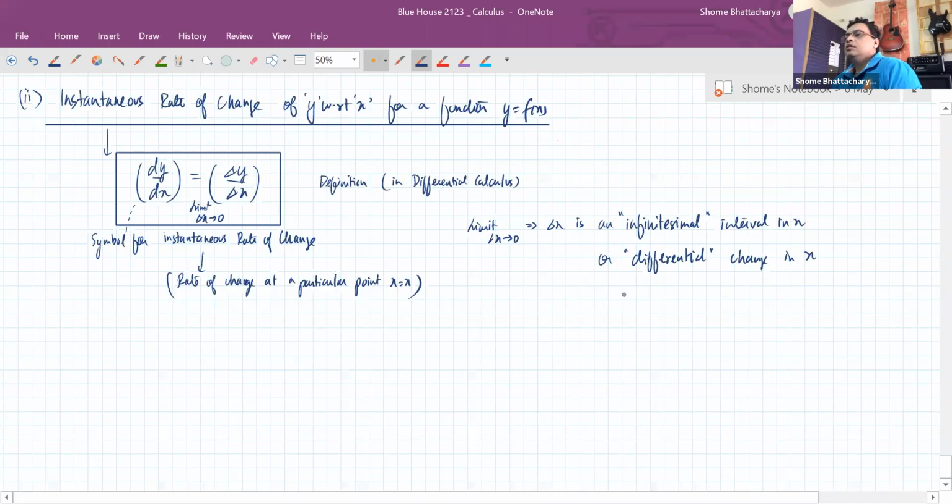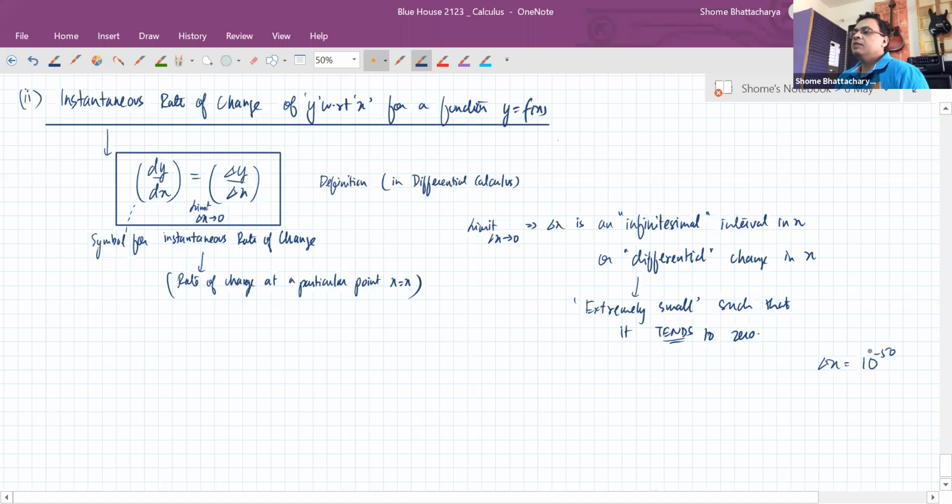So that basically means that it's extremely small, such that it tends to 0. Practically, think of a very small number like 10 raised to the power minus 50, which is unimaginably small.